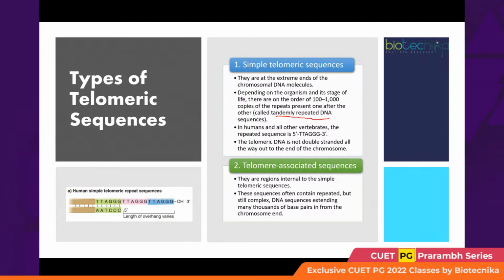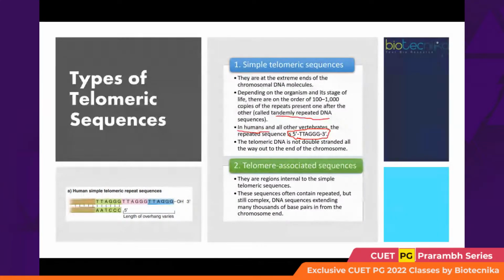In humans and all vertebrates, the repeated sequence is 5 prime to 3 prime TTAGGG. This is the repeat sequence that you will see in human telomere as well as all other vertebrates.